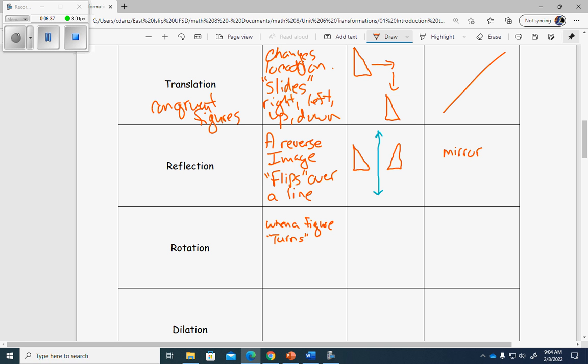So if I had a figure here, if I turned it just 90 degrees in this direction, it would now be a figure laying down. I don't really like my picture there. I'm going to try that again.